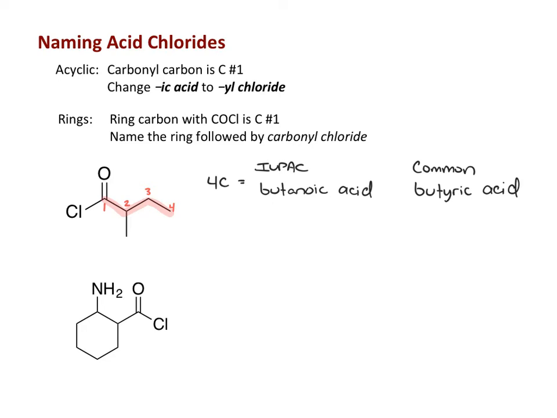Now, to designate that we have not a carboxylic acid, but an acid chloride, or it could be bromide or iodide, we change the ic acid to yl chloride. So no matter which one we're using, we'll drop the ic acid. And the IUPAC parent would be butanoyl chloride. The common parent would be butyryl chloride.